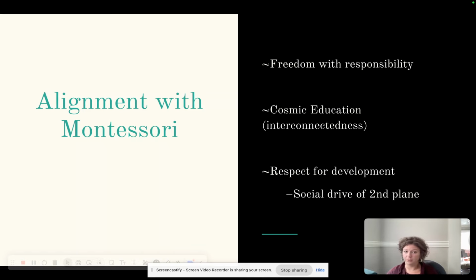They are naturally social and gregarious in this second plane, the elementary ages 6 to 12. They want to share and they want it to be meaningful. They want their work to be meaningful, as we all do over time, right? So we don't really want to do sort of arbitrary work that we can't understand the meaning behind.